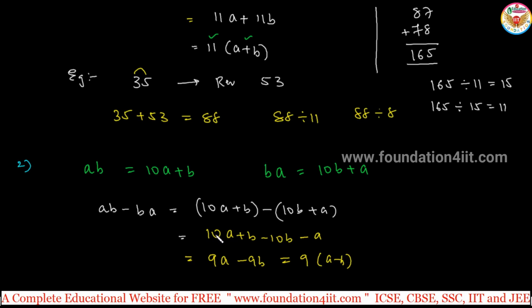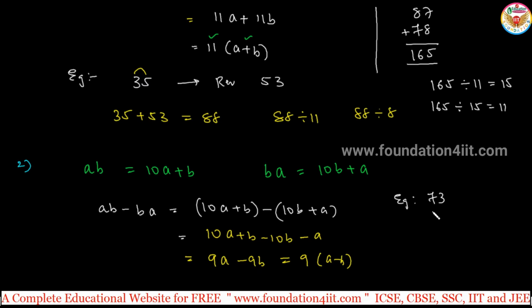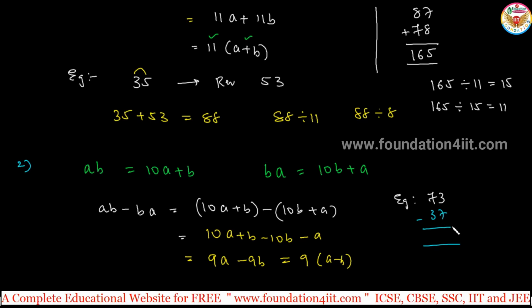So one thing you can understand is, take any number and reverse it. Take the example 73, and the reverse of that number is 37. If you subtract this, the result is always divisible by 9 or by the difference of the digits. 73 minus 37, just subtract this. 13 minus 7, 6. So 36.